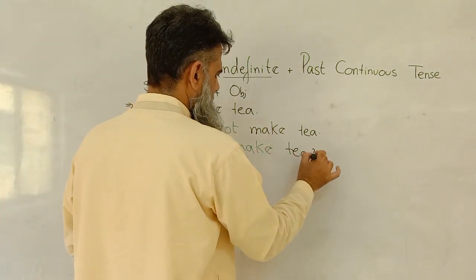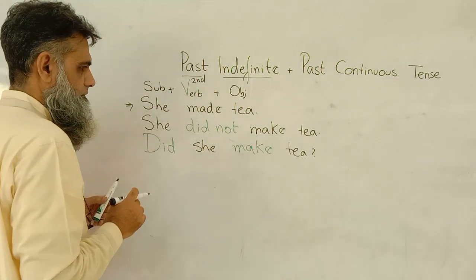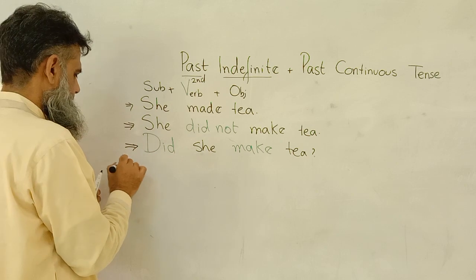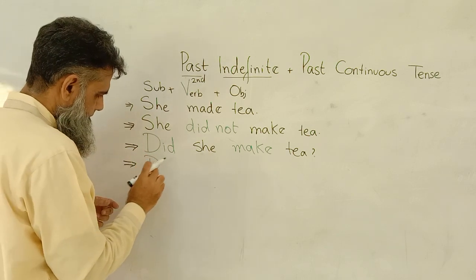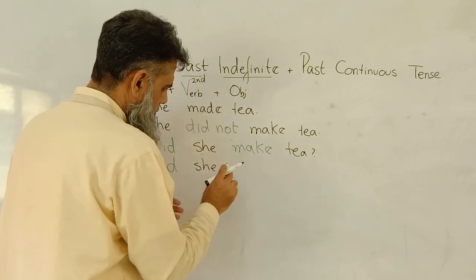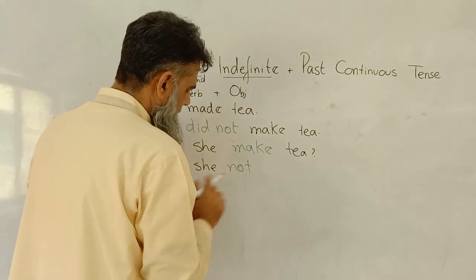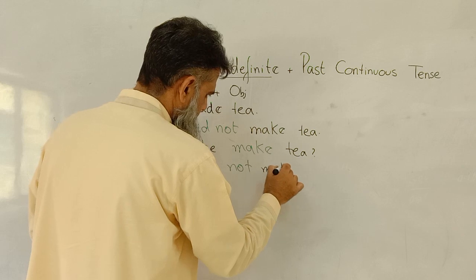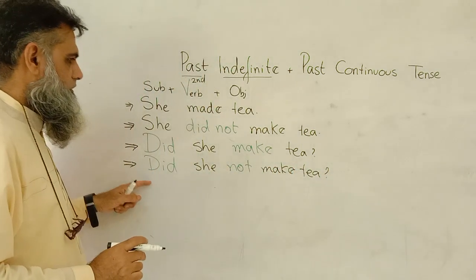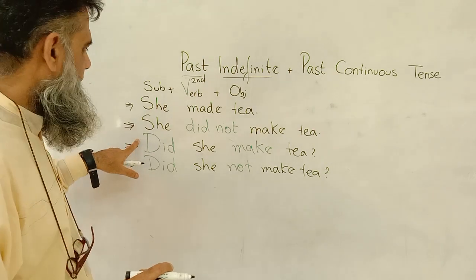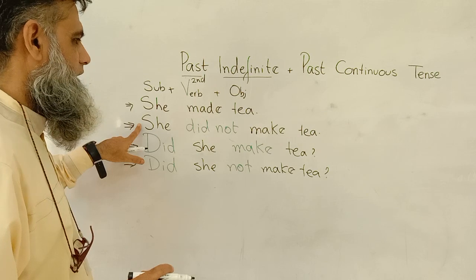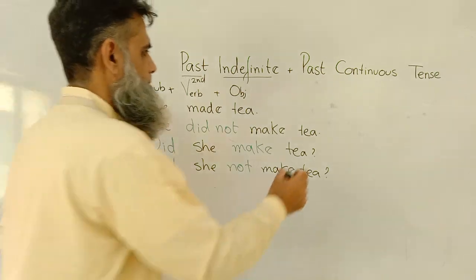This is your interrogative, and similarly we can use negative interrogative, that is, did she not make tea? This is your negative interrogative.